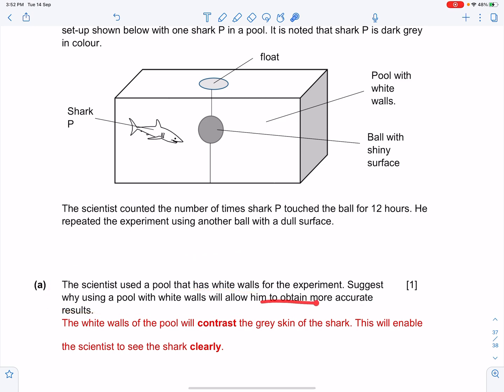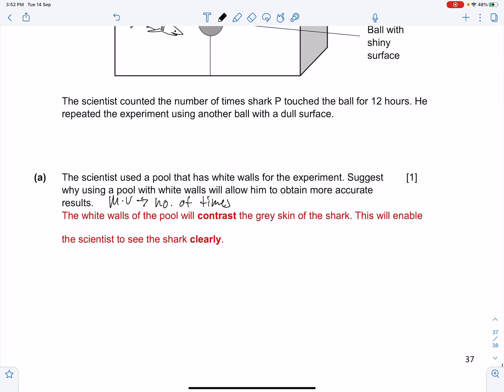How does it allow them to attain more accurate results? Because the measured variable in this case was the number of times the shark touched the floating device, you need to see it clearly. The shark head is gray in color. So you want a background that is contrasting to the shark, so you can see the shark clearly every time it touches. So you can count accurately.